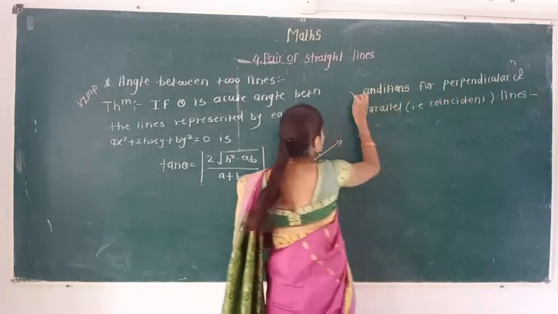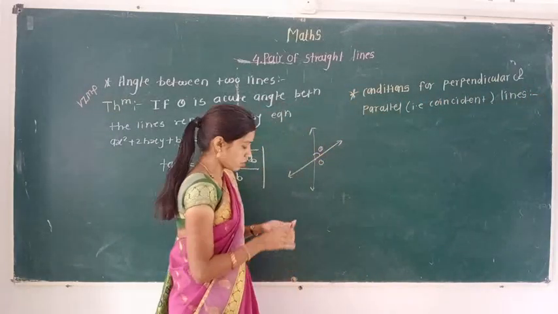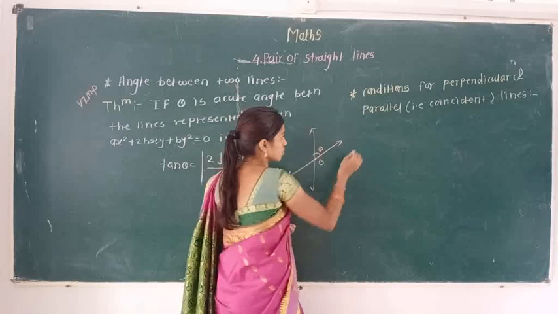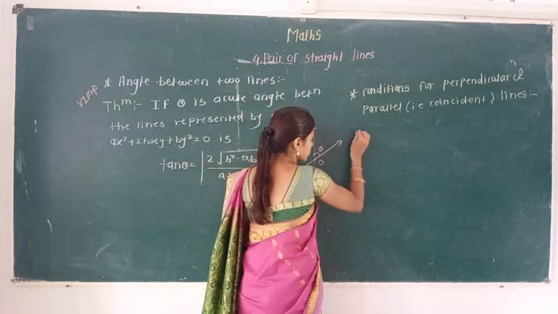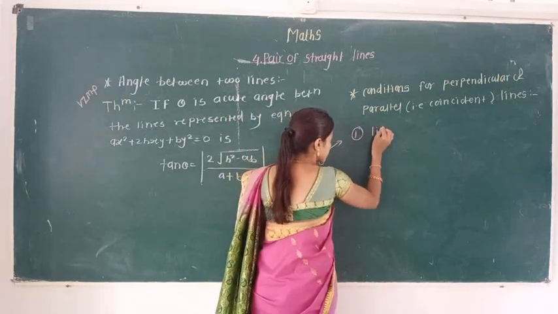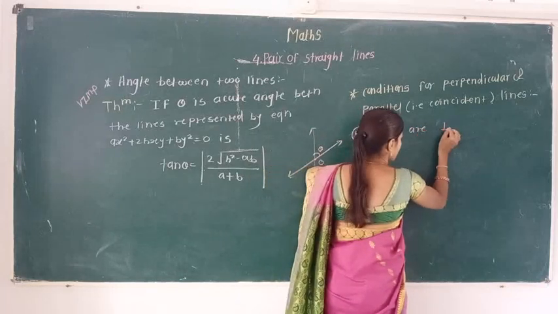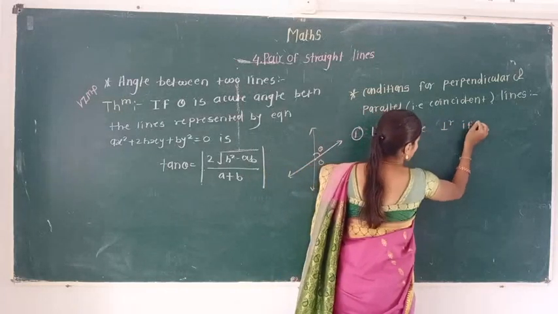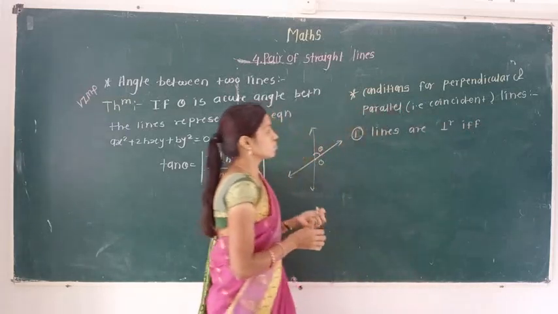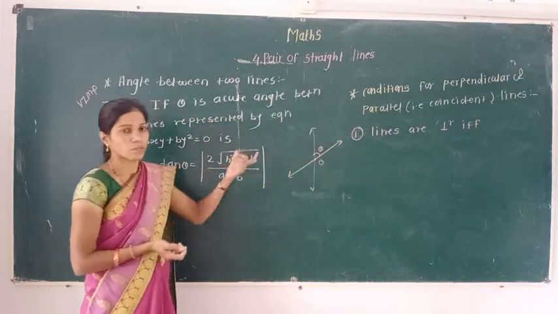Okay, now see the first condition is here. We can write lines are perpendicular if and only if, we have to find the condition of a perpendicular line.